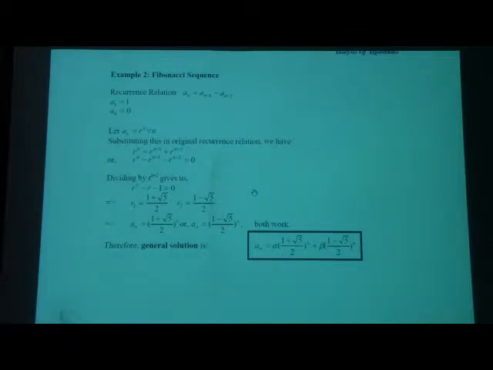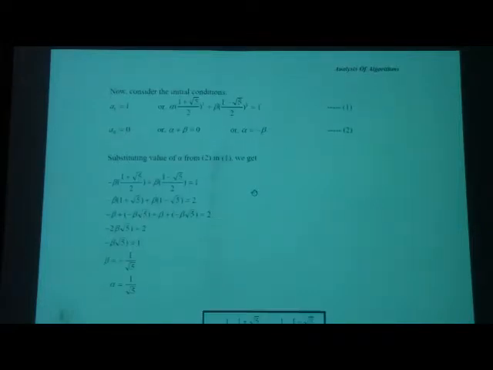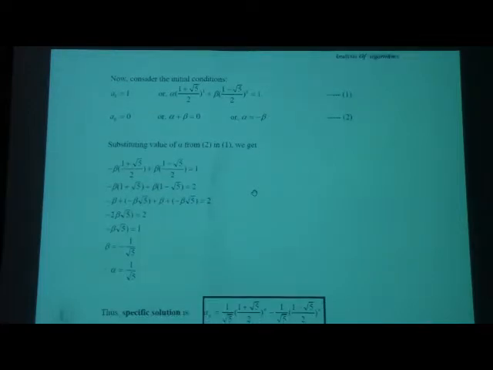And we also find out that when n is equal to 1, a_1 is 1, so therefore 1 is going to equal alpha times the first root to the first power plus beta times the second root to the first power. Okay, so we look at the initial conditions and we basically get what I told you before, alpha plus beta is equal to 0, and alpha times this to the first plus beta times this to the first is equal to 1.